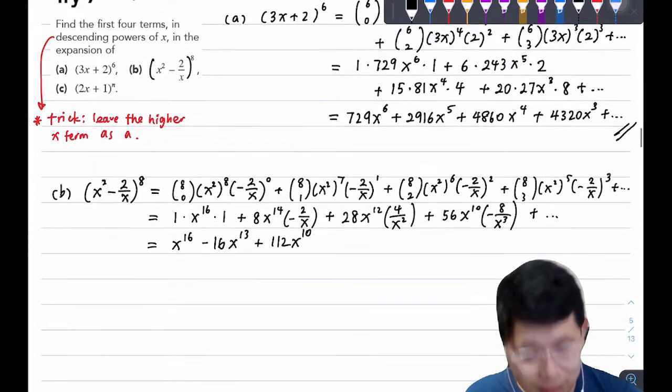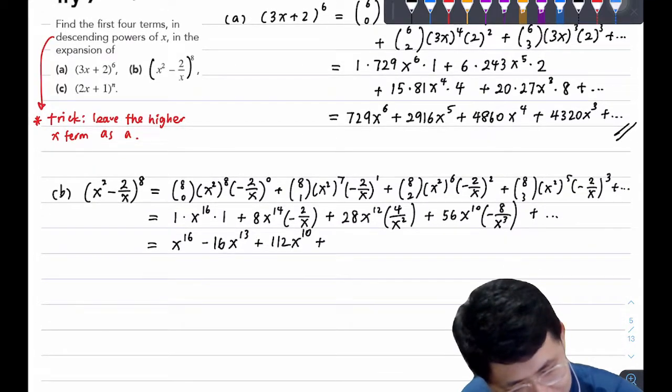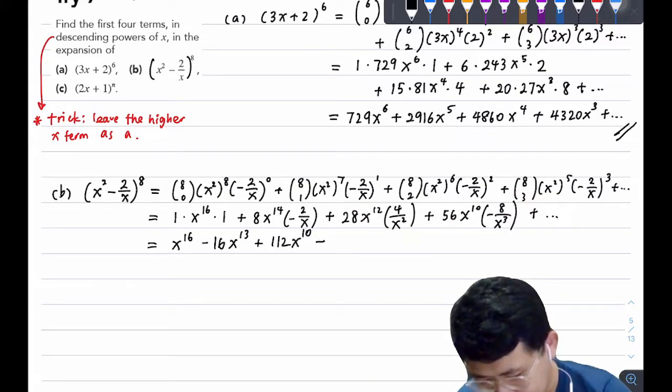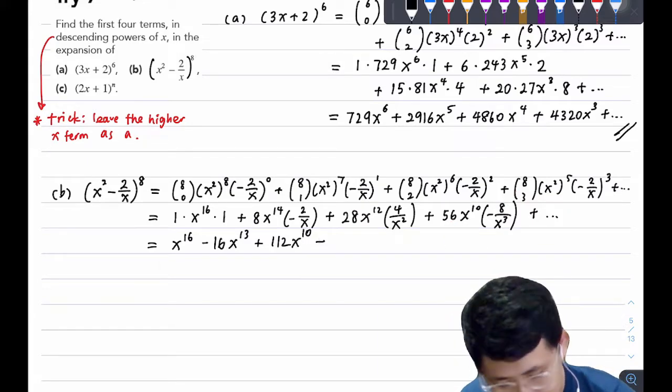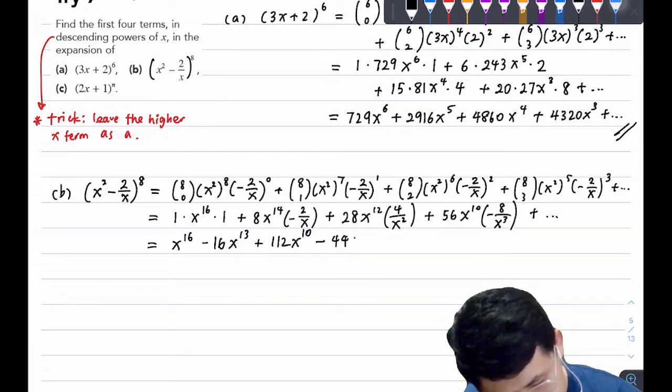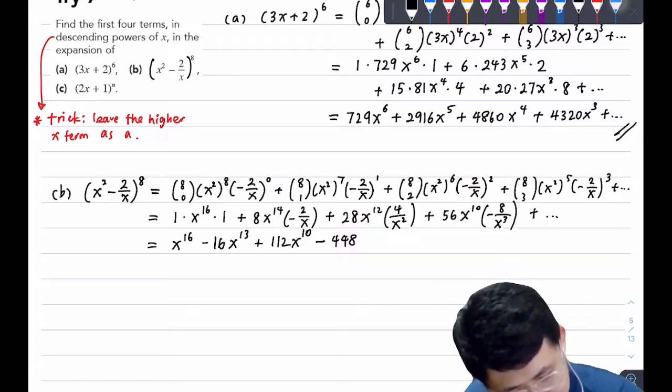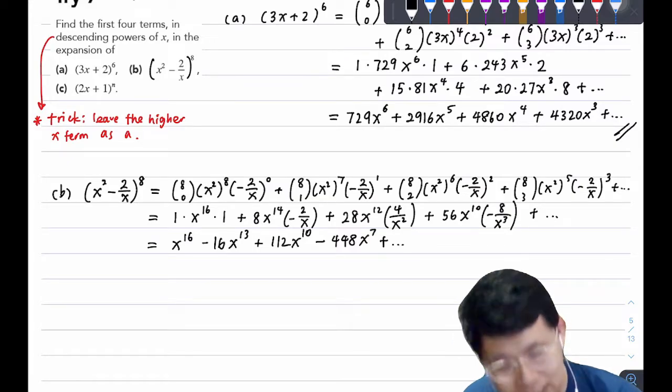Now last one is 56 times negative 8, which will give me a minus 448, right? So x power 10 over x cubed, so I will have an x power 7, like that.